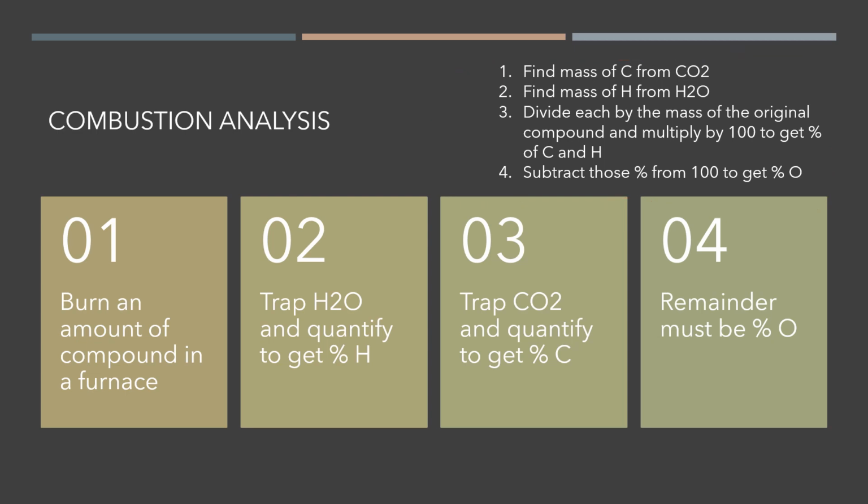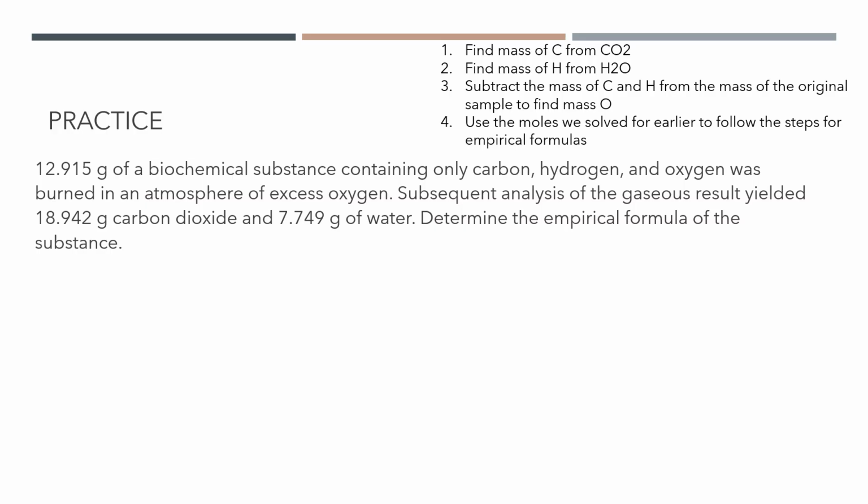Let's use those in an example. So we have 12.915 grams of a substance that we don't know, but we know it contains carbon, hydrogen, and oxygen. Based on the amount of carbon dioxide produced and the amount of water produced, determine what the empirical formula would be. So I'll give you a minute to pause that.